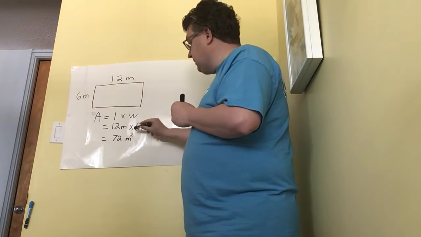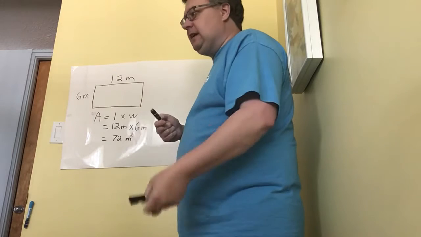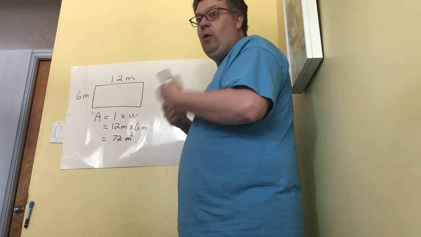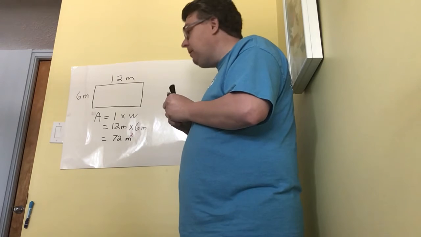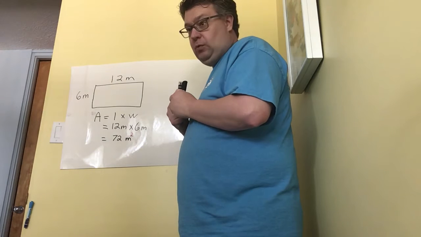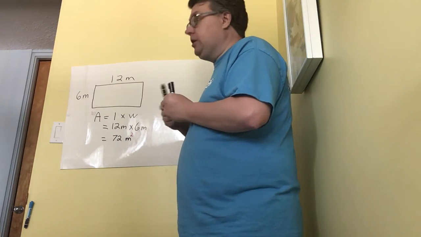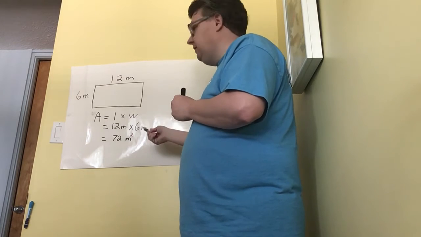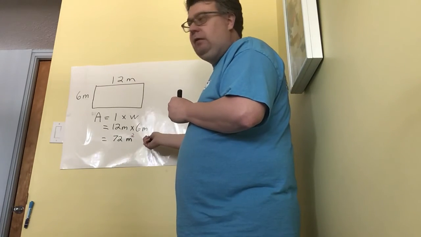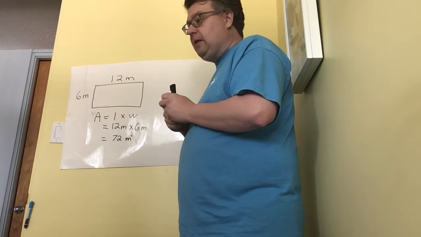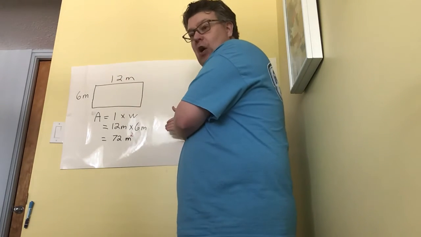If I don't have the squared units, and I go to, say, Home Depot, Rona, Lowe's, and I go up to them and say, I need some carpeting, I need 72 meters. What they will do is either say, are you sure it's meters? Or will they say meters squared? Or if they don't say anything, they are going to unroll carpet 72 meters long.